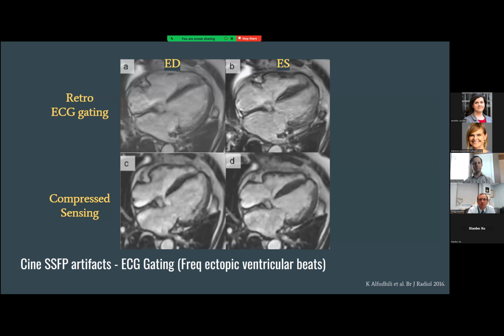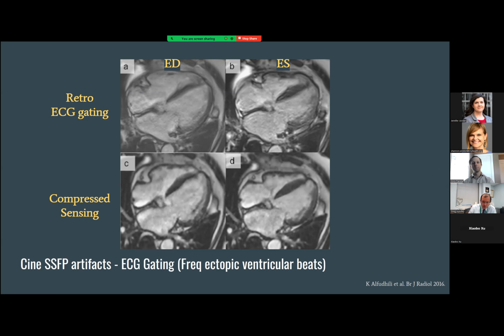Here's another example of a 4-chamber cine series, and I've got the end diastolic phase in the left column and the end systolic phase in the right column. The two rows are comparing our retrospective ECG gating with a newer technique called compressed sensing. With compressed sensing, the cine images are able to be acquired in a single breath hold.